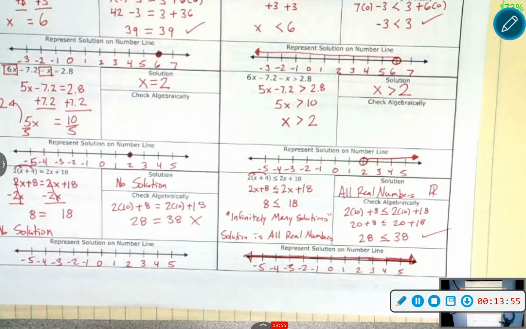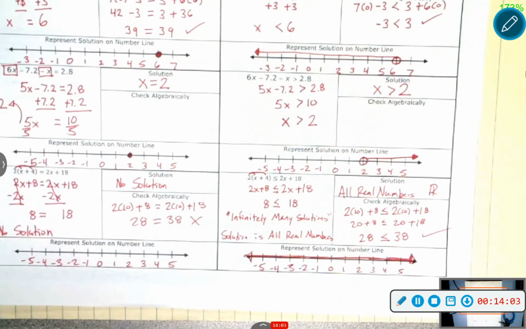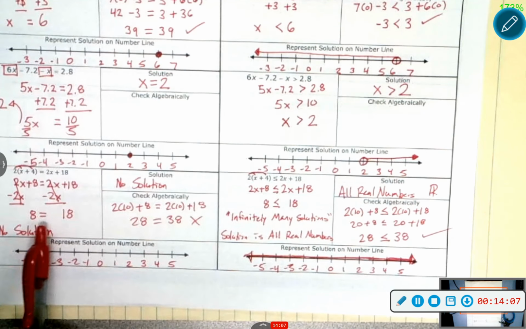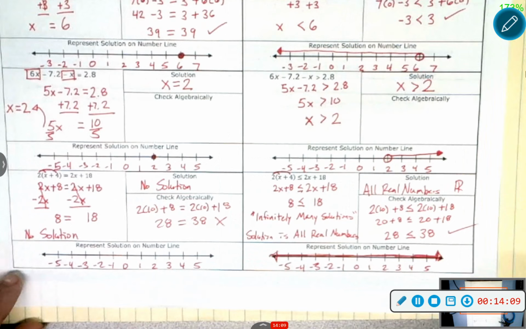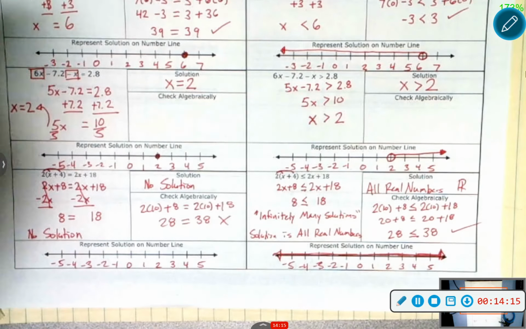And this is the main idea. Solving inequalities is not so different than solving equations, but when you do that, you need to learn how to represent it on a number line. And some situations where an equation has no solution might actually result in an inequality having infinitely many solutions.